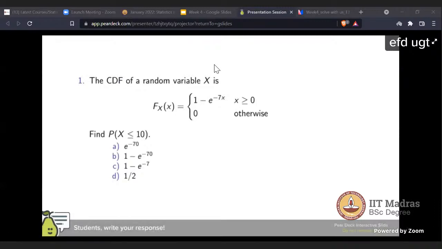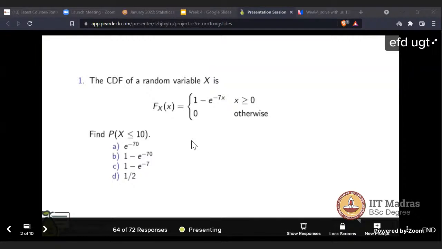Somebody has asked, can we solve it like F_X(10) minus F_X(minus infinity)? Why do you want to do F_X(10) minus F_X(minus infinity)?